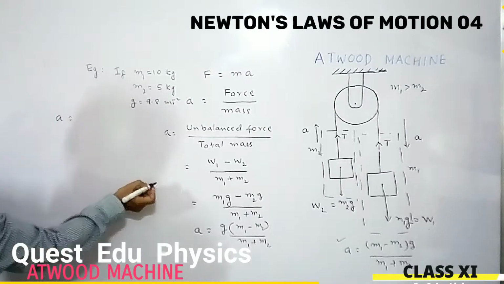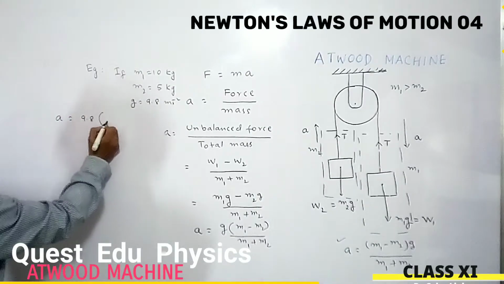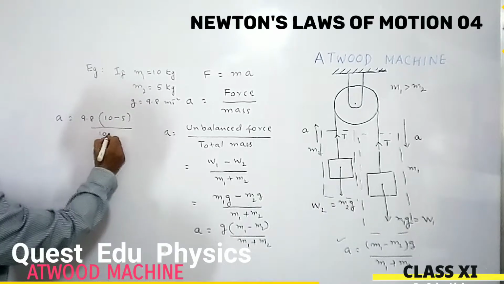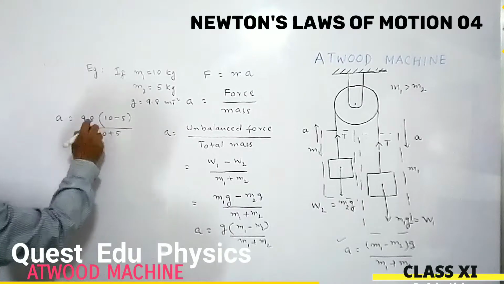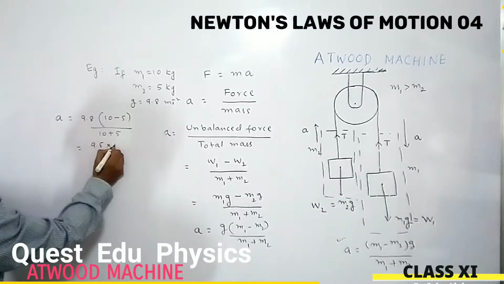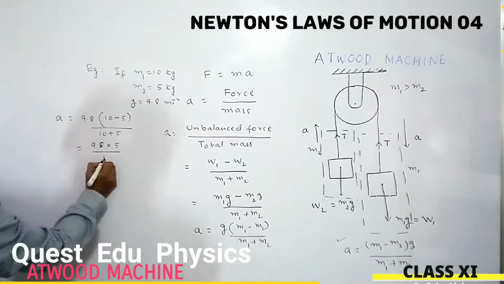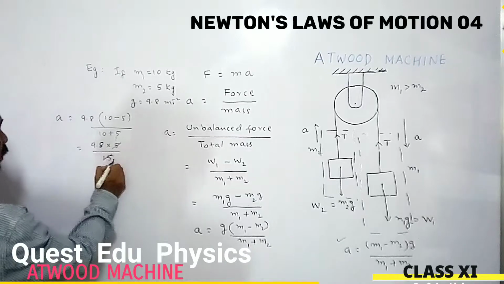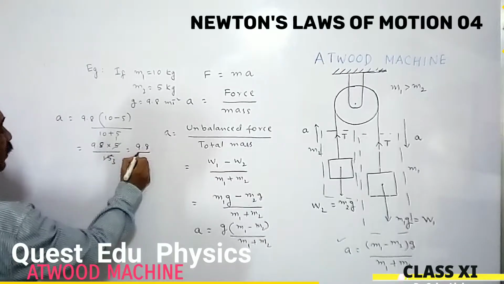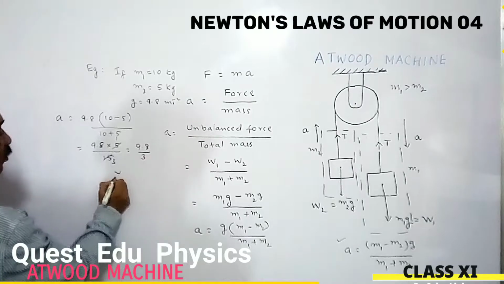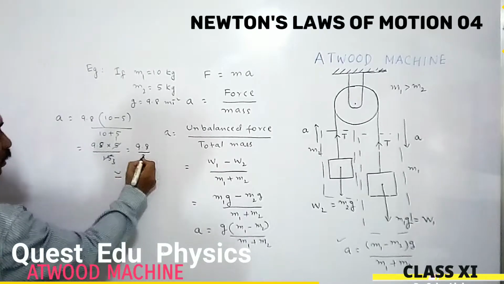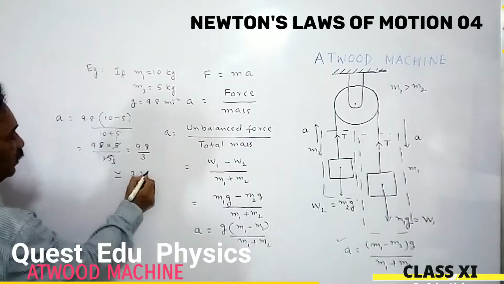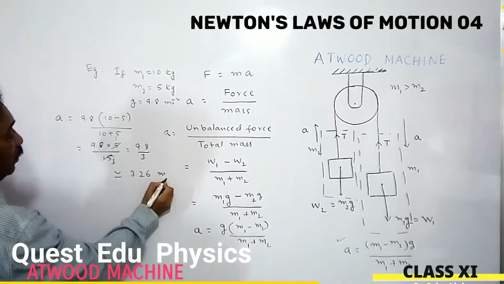A is equal to 9.8 into 10 minus 5 by 10 plus 5, that is 9.8 into 5 by 15. Five ones are five, threes are fifteen, so 9.8 by 3, which is around 3.26 meter per second square.